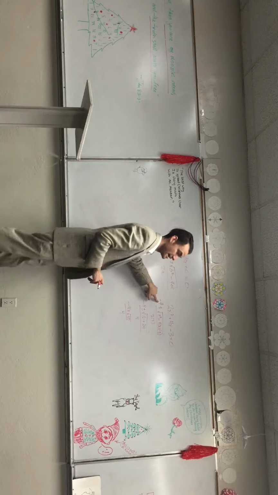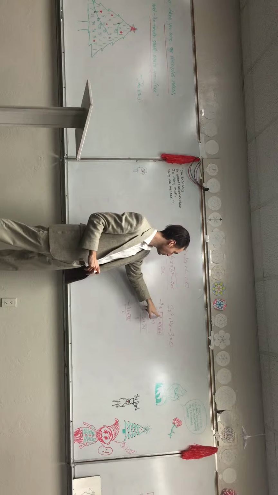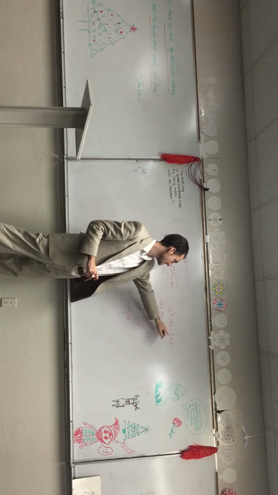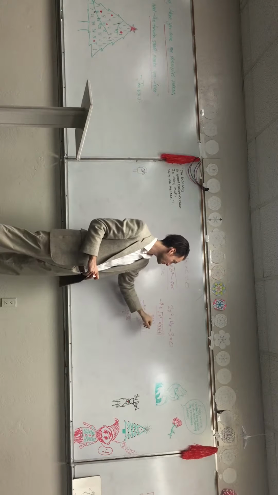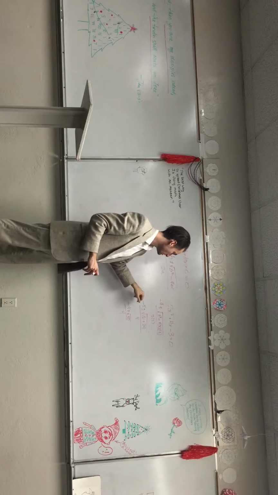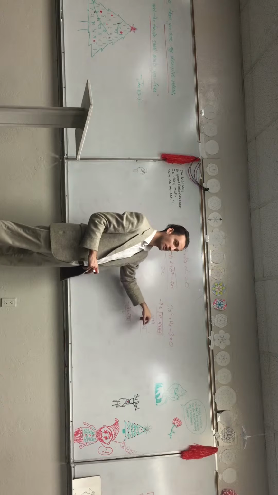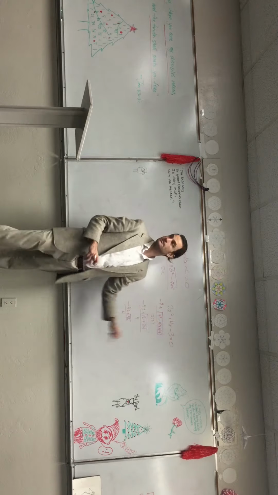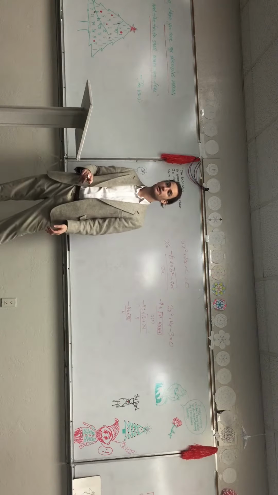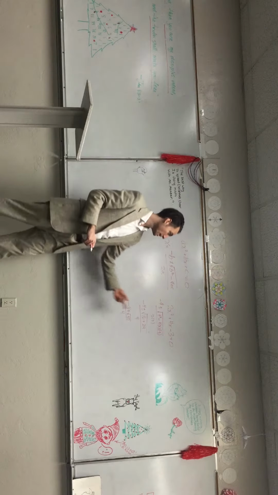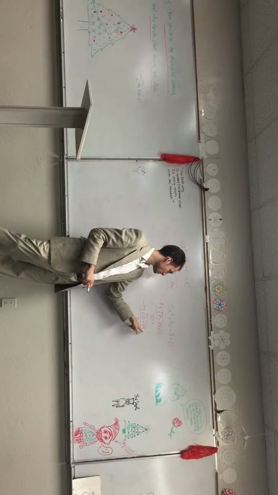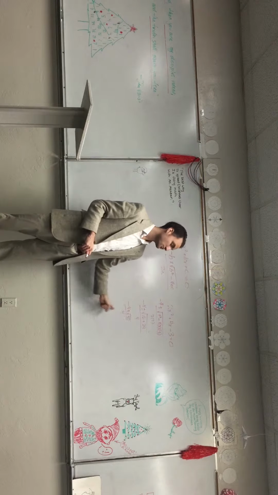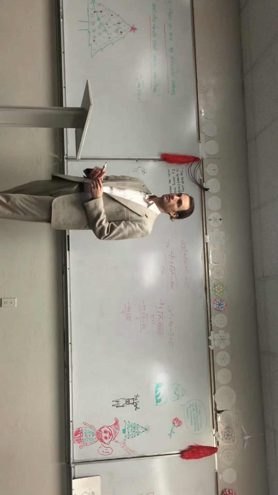So negative b is negative 4 plus or minus the square root of 4 squared minus 4 times ac, 2 times negative 3, all over 2a, which is 2. Becomes negative 4 plus or minus the square root of 4 squared is 16. I have a negative 4 times negative 3, so that becomes what? Positive, right? So 4 times 2 is 8, times 3 is 24, all over 4. I'm left with negative 4 plus or minus radical 40 over 4, right?